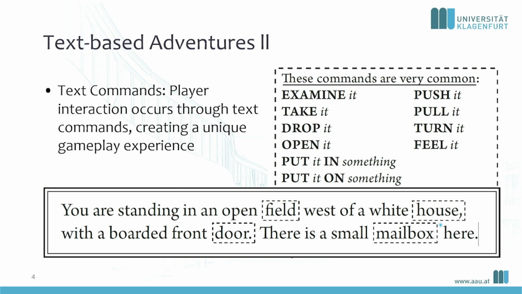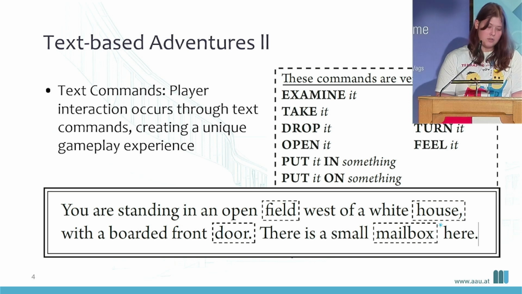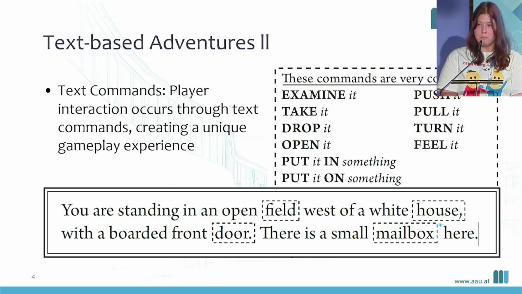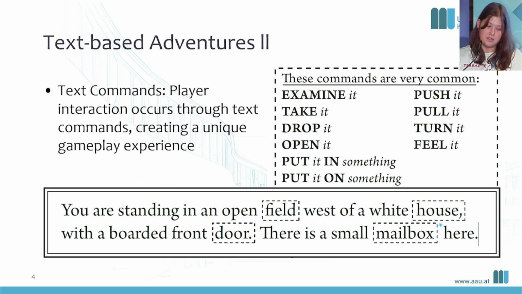So you could say, for example, examine the field, then you'd get a description of the field. The same with the house, and for the door you could say open door, or close door, or maybe it is locked, and then you'd have to find a key and say unlock door, or something like that. And for the mailbox, you could maybe open it or attack it. I don't know, it depends on the game.